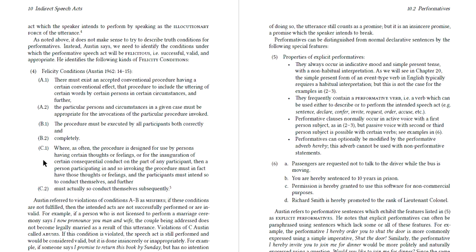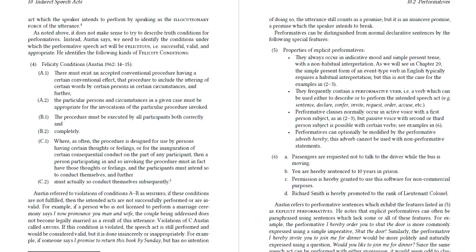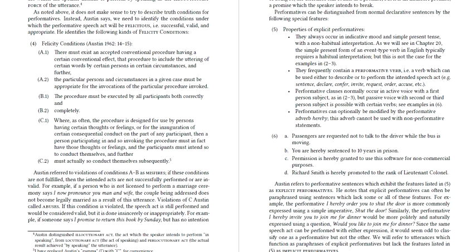So in C here we could find the exact person and what is the intention of each person, whether they are involved in it or not in the same conversation. That's how we need to think of the felicity conditions of performatives. In the same regard, properties of explicit performatives, we could think here they always occur in indicative mood and simple present tense with non-habitual interpretation.